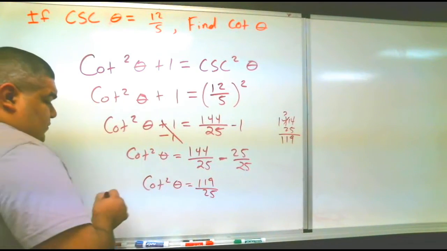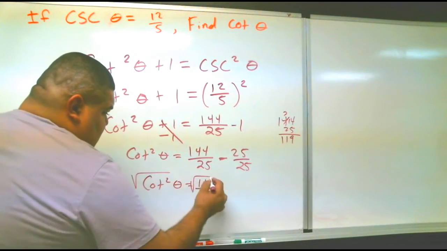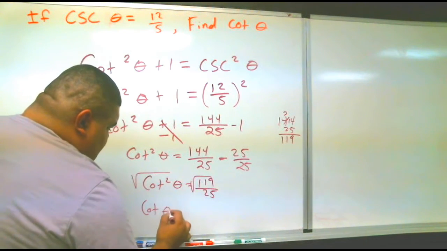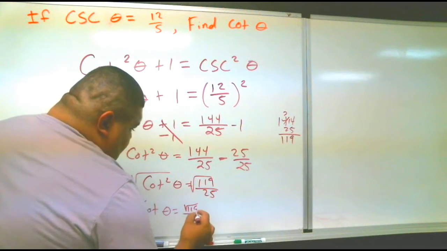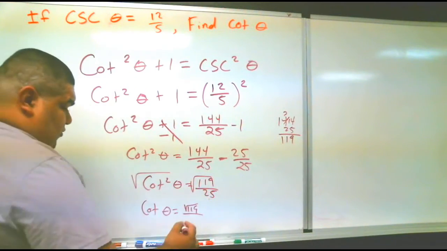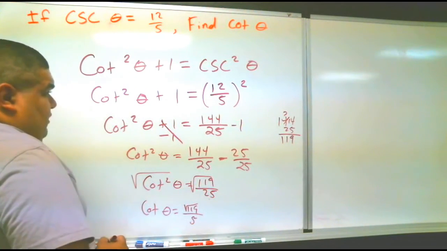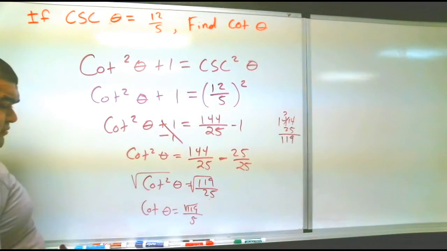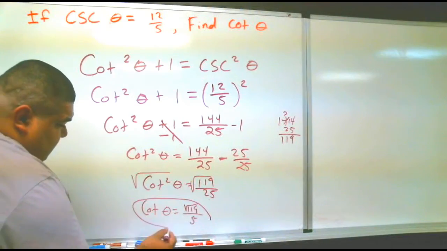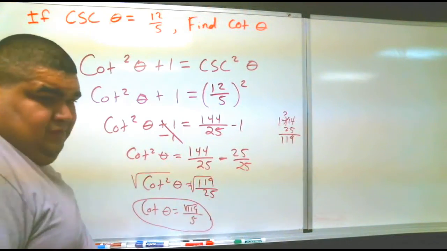Again, we have a square, so radical. Cotangent theta equals radical of 119 over 5, since 25 has a perfect square root, which is 5. So it's pretty much already done for you.